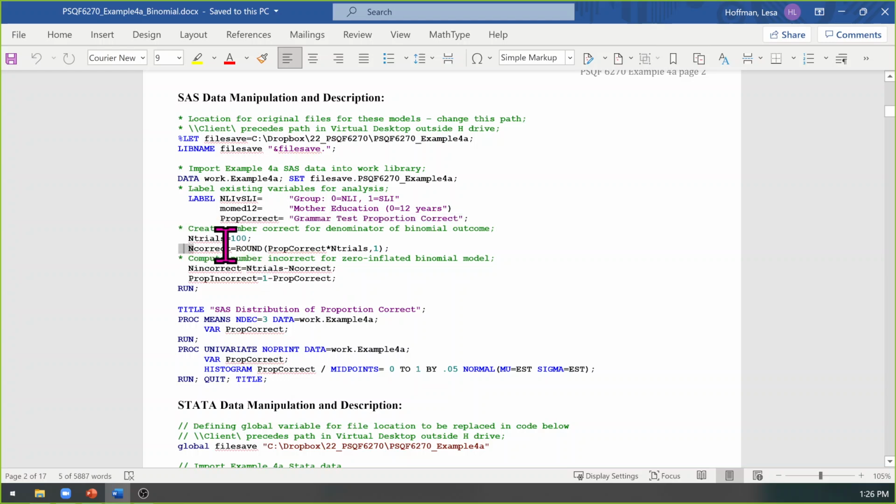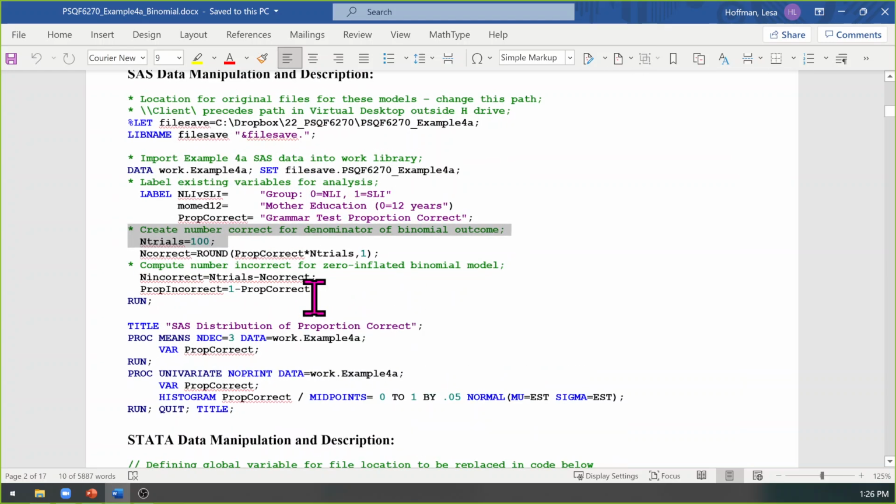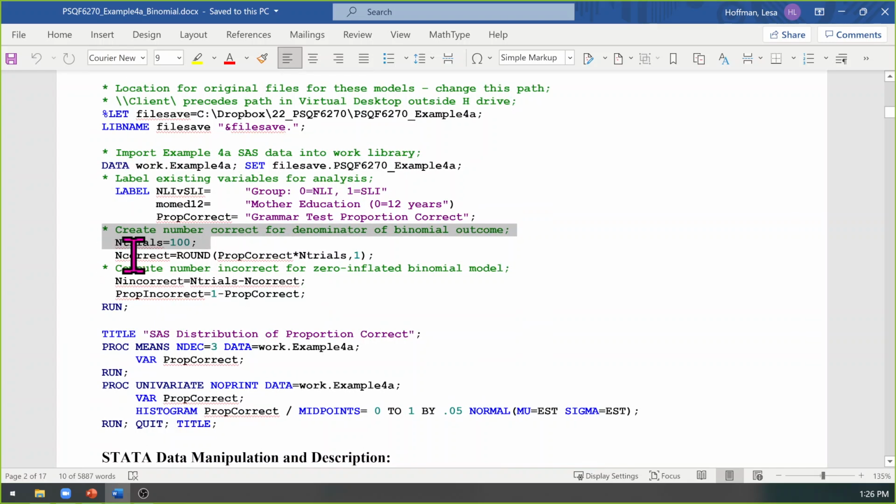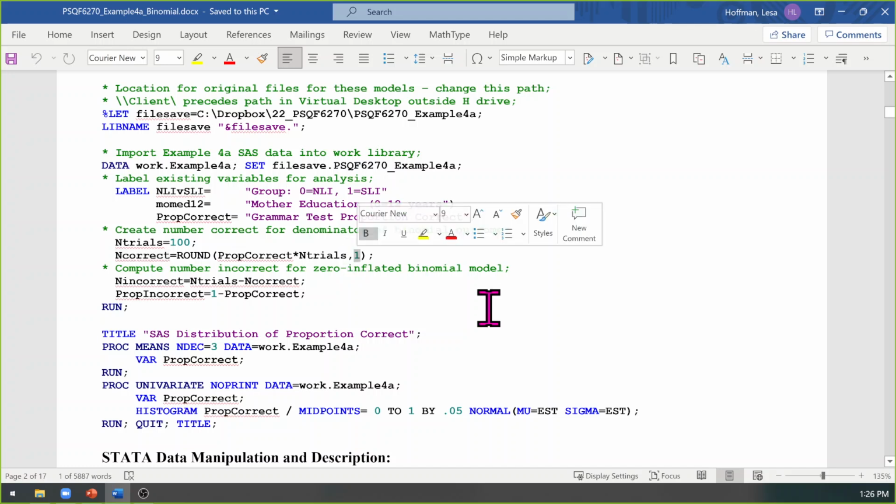So I am adding in a constant for the number of trials being 100, and then computing number correct as the proportion times the number of trials, rounded to the nearest whole number in this case. So if somebody has 0.8 as their proportion, now they have a variable that's 80 that's going to be the outcome.